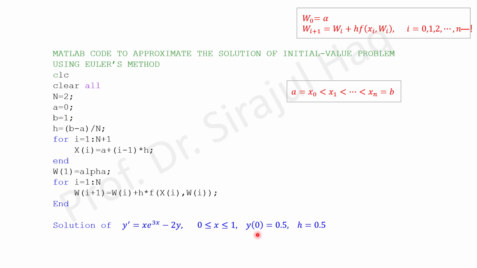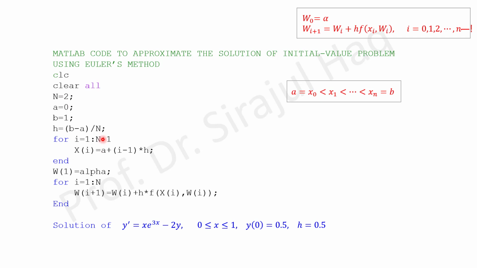And y at 0, that is the initial point, the solution is 0.5, which was your alpha. And h is equal to 0.5. So when I use step size h is equal to 0.5, my x0 is 0, x1 is 0.5, and x2 is 1. That's the reason I have used n is equal to 2.